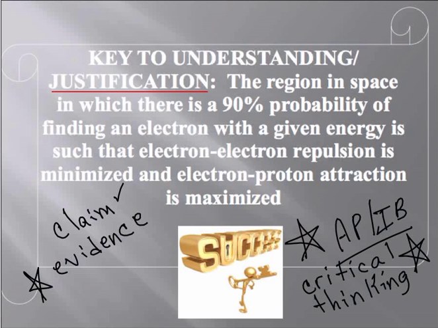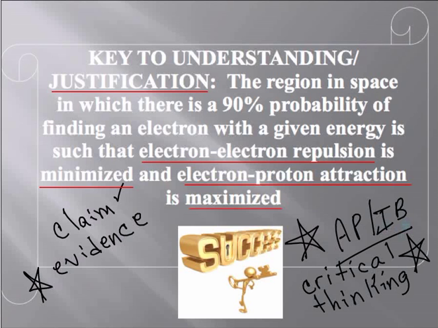And the key to the atom is to recognize that our justification has to involve electron-electron repulsion considerations and electron-proton attraction. So anything that we're going to talk about, any of the periodic trends that we'll ultimately get to, the models, it's all about minimizing the repulsion and maximizing the attraction.